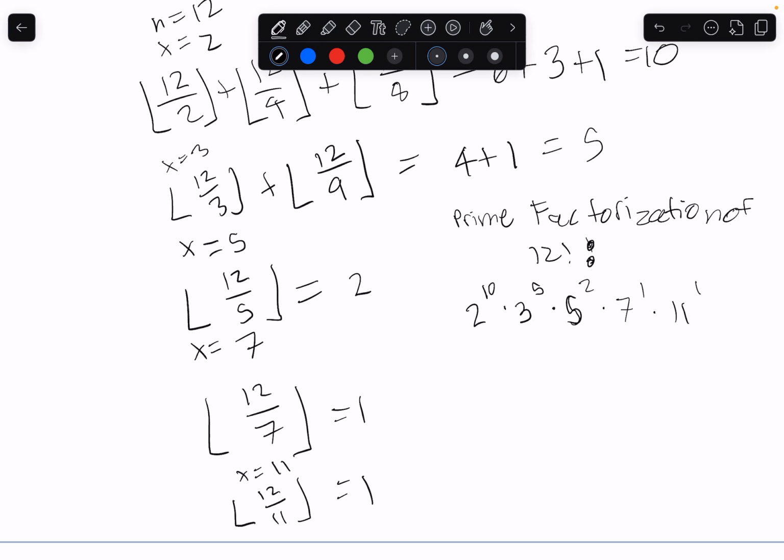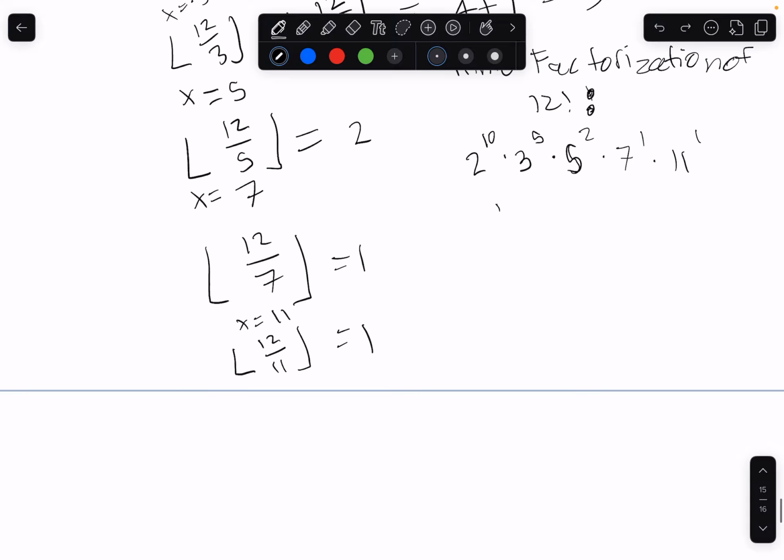Obviously the number of factors is each exponent plus 1, all multiplied together. So the number of factors is 11 times 6 times 3 times 2 times 2. But we're not going to multiply this out because it's going to be part of a probability, which means we can hopefully cancel out some terms in the end.